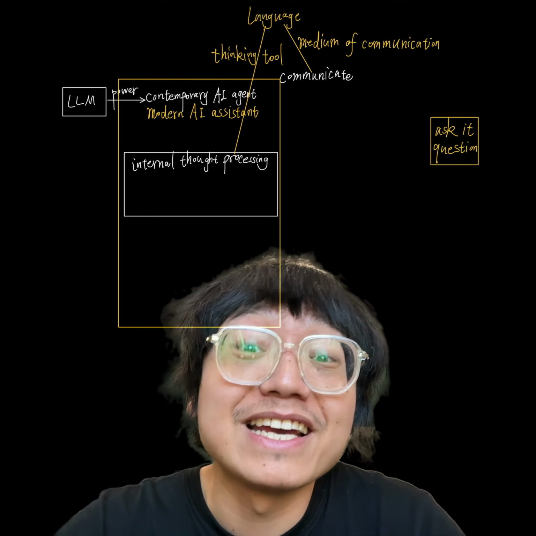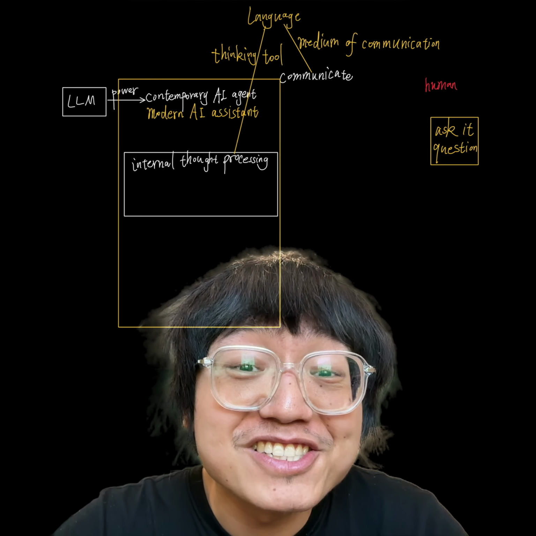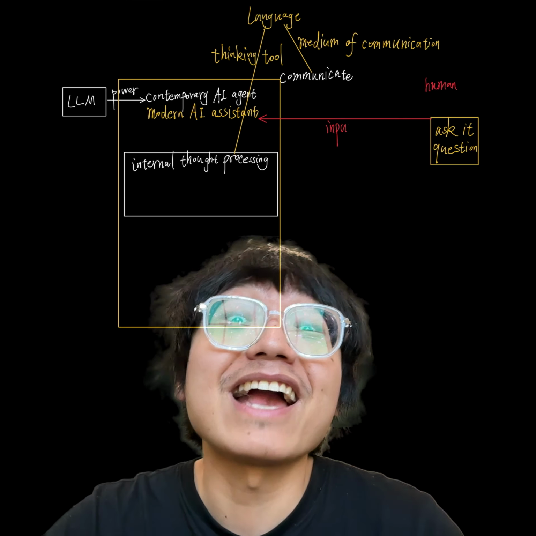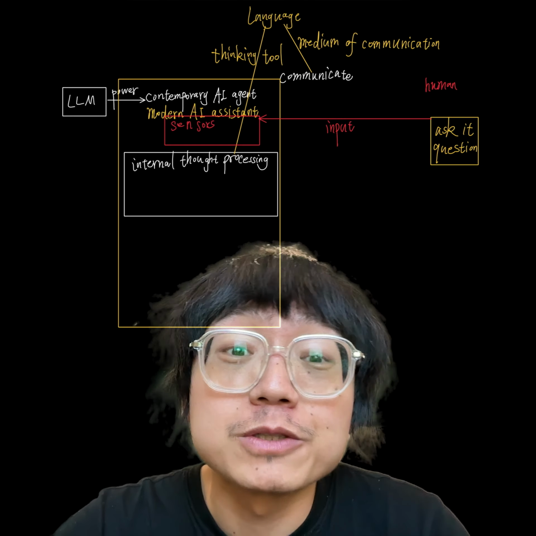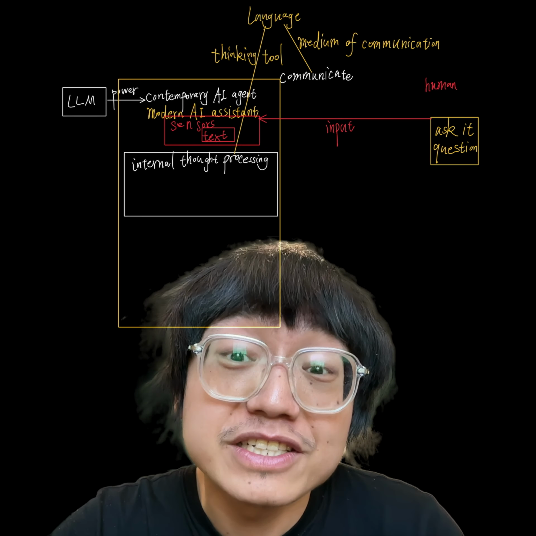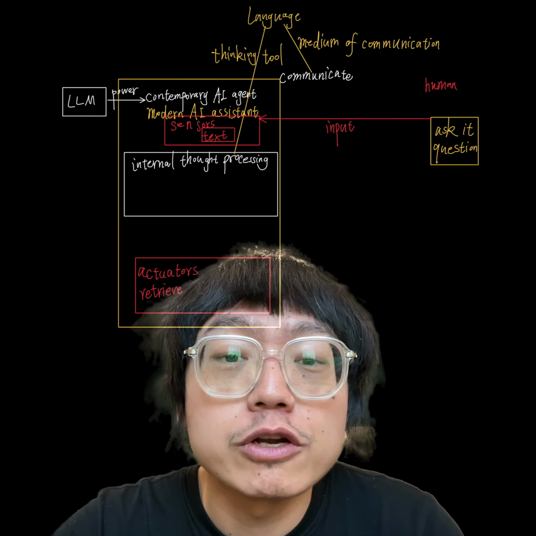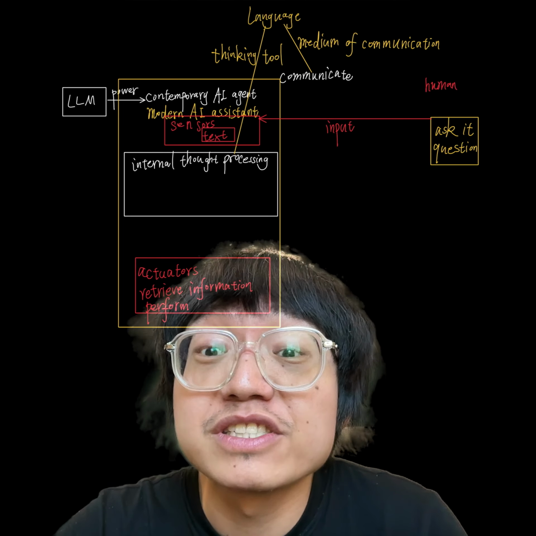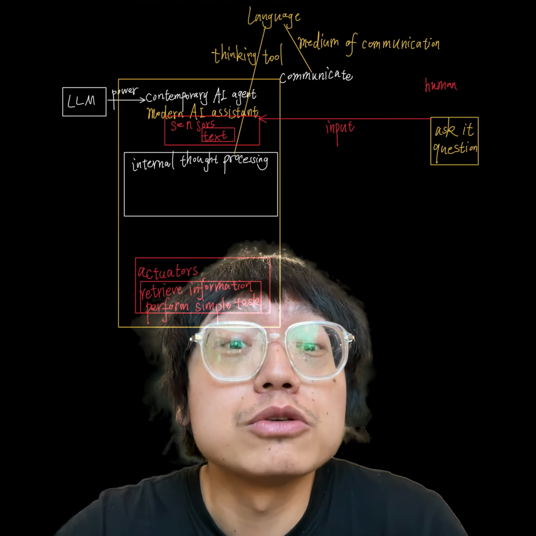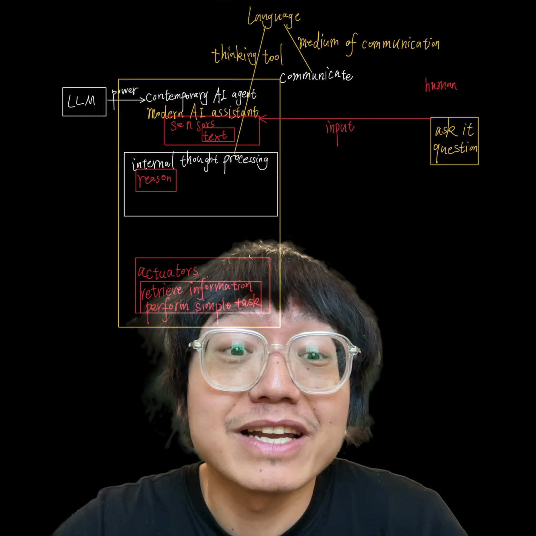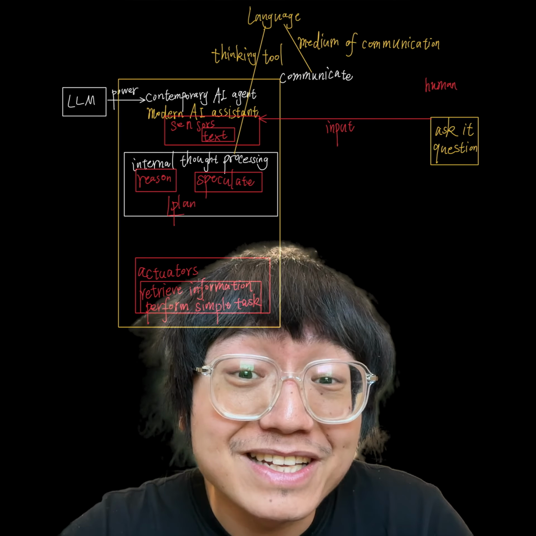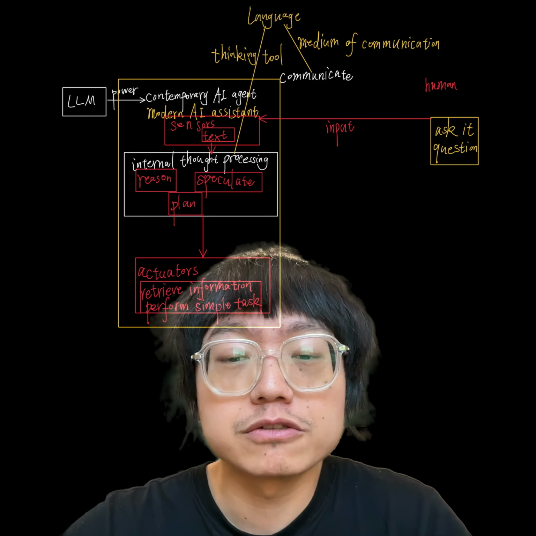When you ask it a question, its sensors can be thought of as the text you input. What makes it truly different as an agent is that it processes that language. It doesn't just retrieve information or perform simple tasks, but reasons, speculates and plans in a way that resembles human thought.